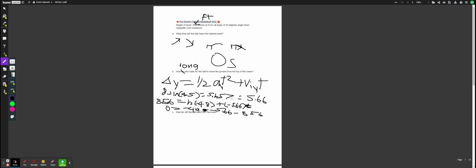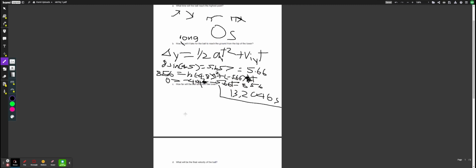We plug this into our quadratic equation, and we get 13.2046 seconds as the time it would take to reach the ground. Oh, I forgot to put t squared here, my bad. T squared here, and this right here will be a t, for time, which we are solving for.